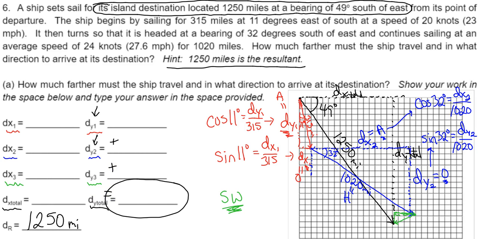If I'm working backwards, I can calculate my dy total, and then I do the same thing with the x's. dx1 plus dx2 plus dx3 gives me the dx total. I'm looking for dx3. I will have already found dx1, dx2, and dx total, and same thing here for the dy's. Okay?